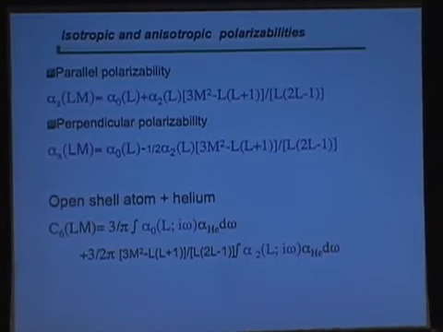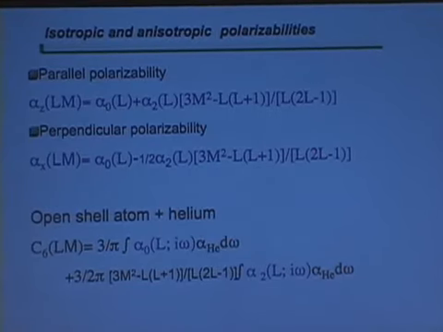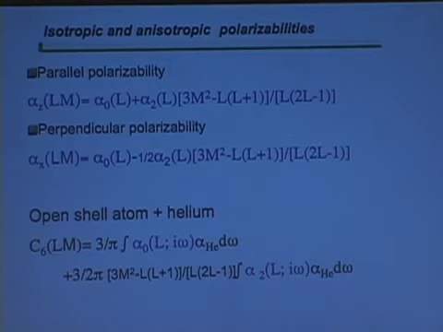The way we're doing it is that for each M state that can be represented by a single determinant, we calculate a couple of polarizabilities, namely the parallel and perpendicular polarizabilities. This m quantum number is defined as the projection of angular momentum to the z-axis. And then the parallel and perpendicular polarizabilities are related to the alpha 0 and alpha 2 by these two equations. So this way we can calculate alpha 0 and alpha 2 for many open shell atoms.